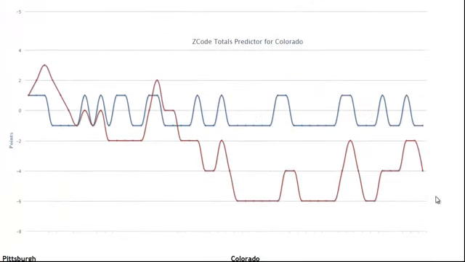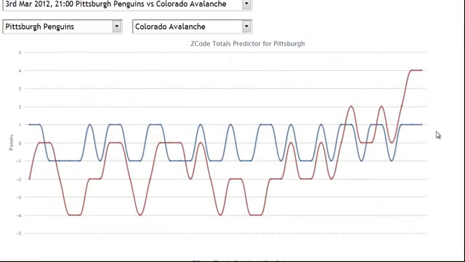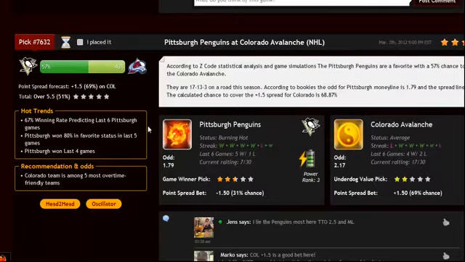And here on the opposite we see an average signal for under for Colorado. So combining these conflicting signals, it's quite clear that it's a no bet. Better safe than sorry. And if we check the ZCode members area, we have 0 green stars, which means this game has no value in totals and we are supposed to skip it.